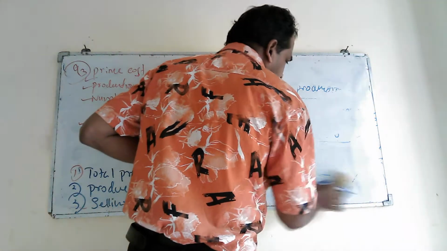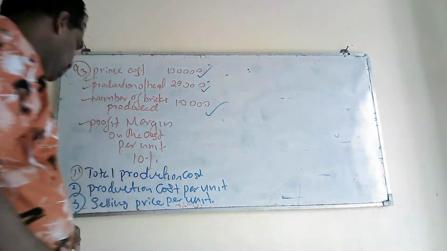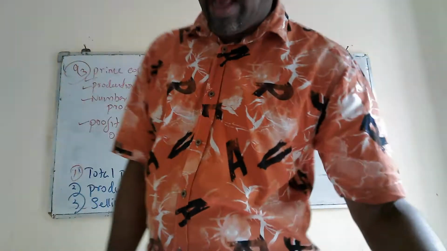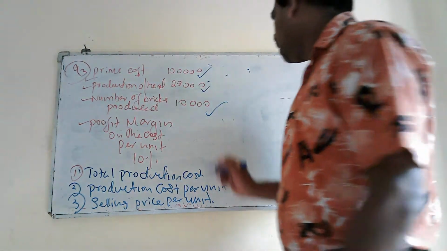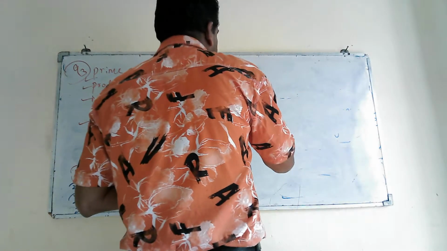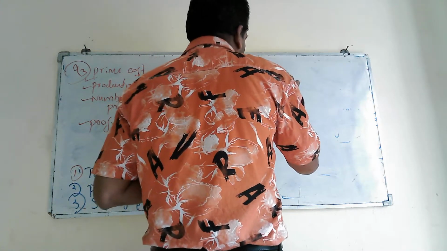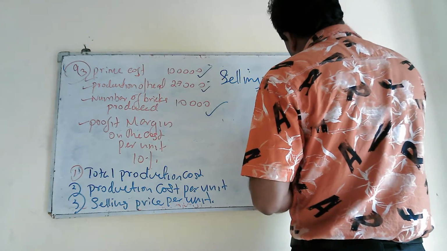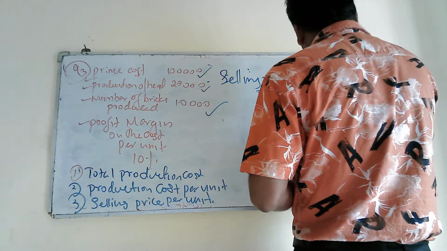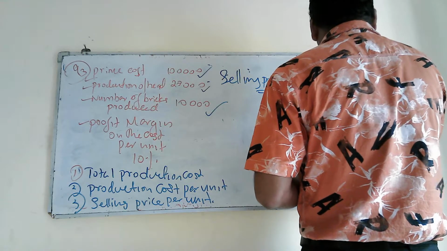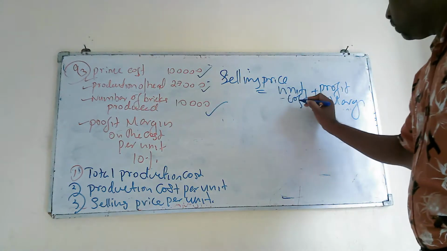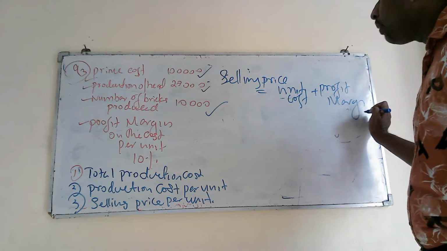Then under part C we have to calculate the selling price. Before you decide the selling price, you have to calculate the profit margin. Here selling price equals unit cost plus profit margin.